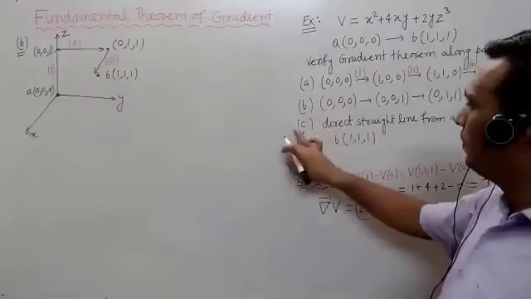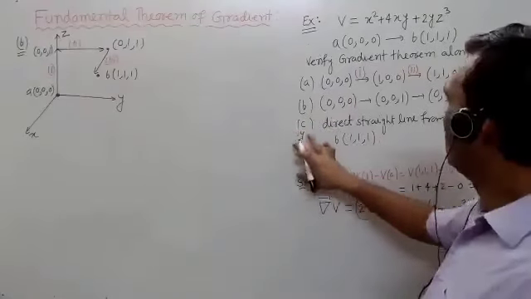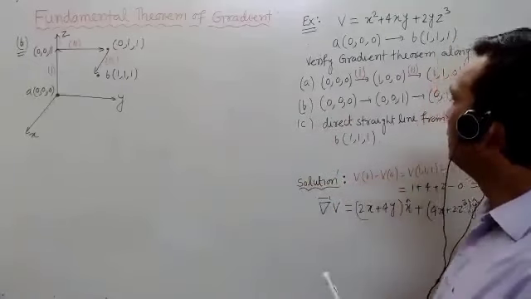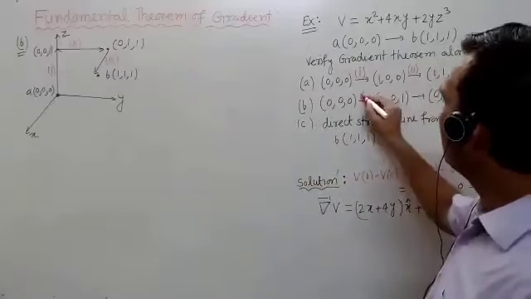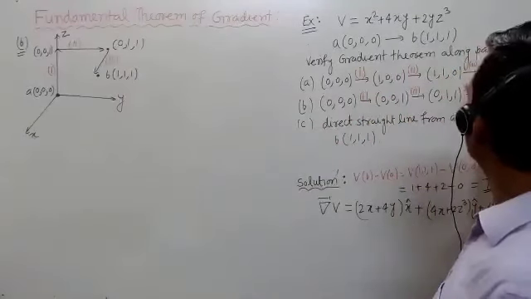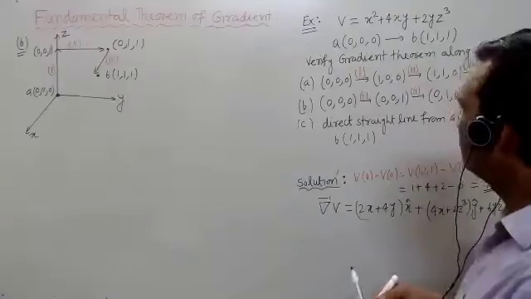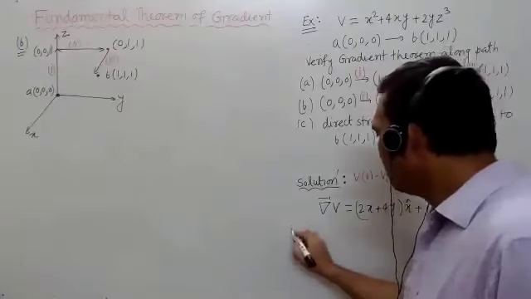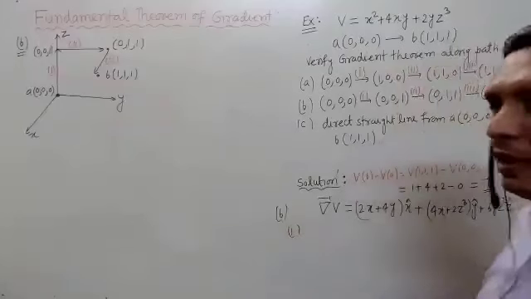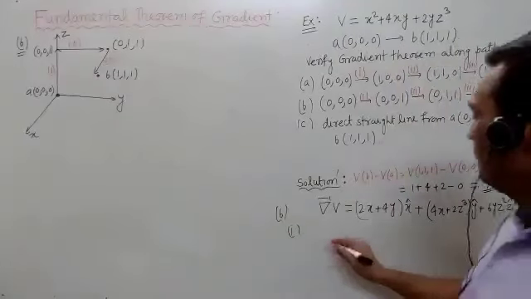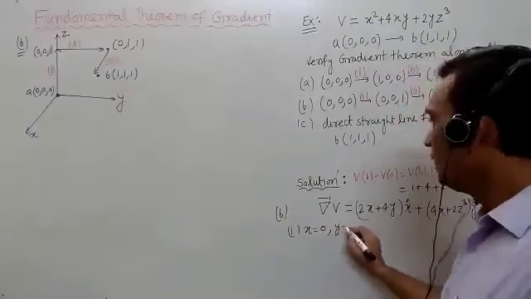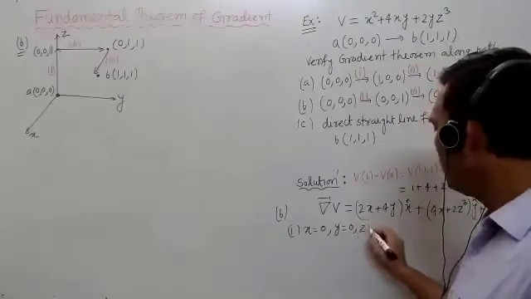This is gradient of V. Now along the second path, this is segment 1, segment 2 and segment 3. So segment 1: x is 0, y is 0 and z is 0 to 1.